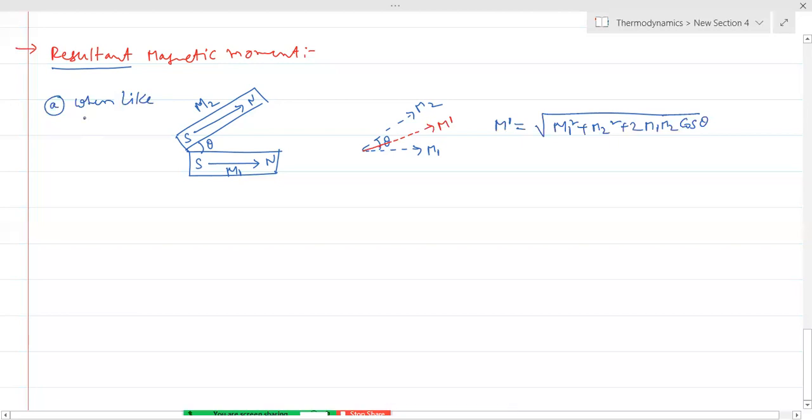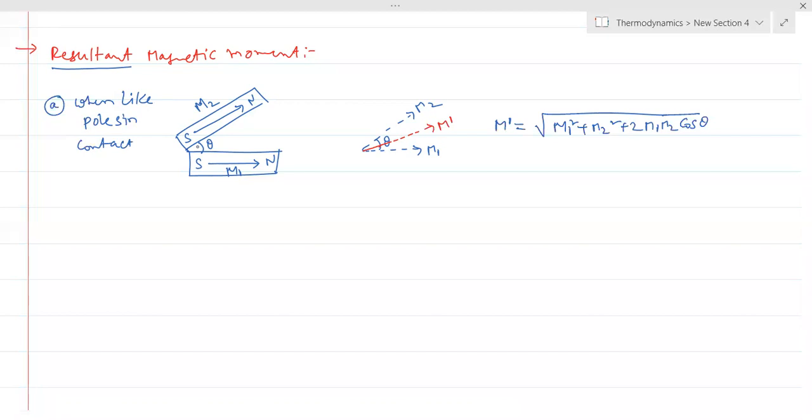You need to construct the diagram when like poles are in contact. Suppose I am taking the south pole in contact with the south pole. So we will get the resultant like this: M dash equal to root over M1 squared plus M2 squared plus 2 M1 M2 cos theta.